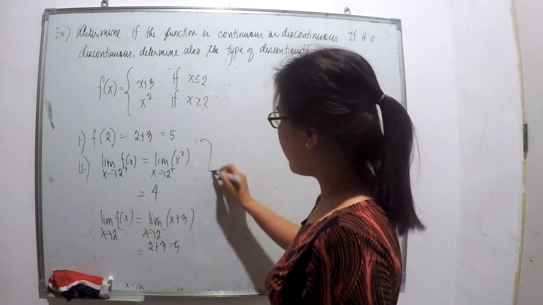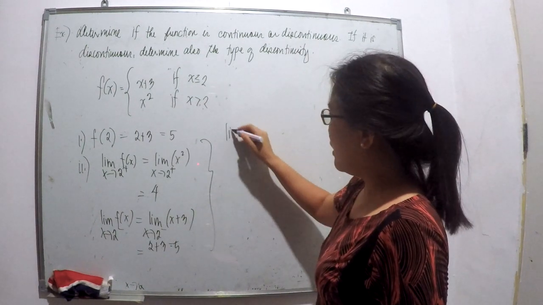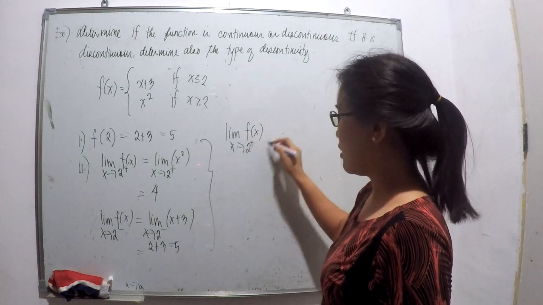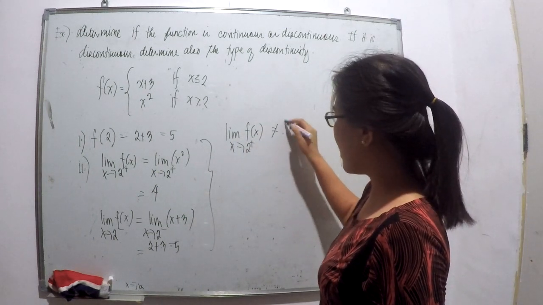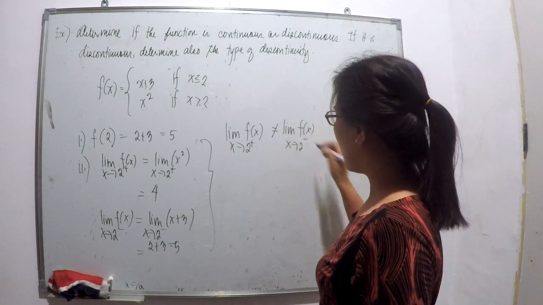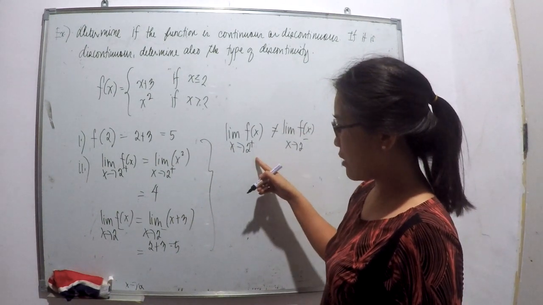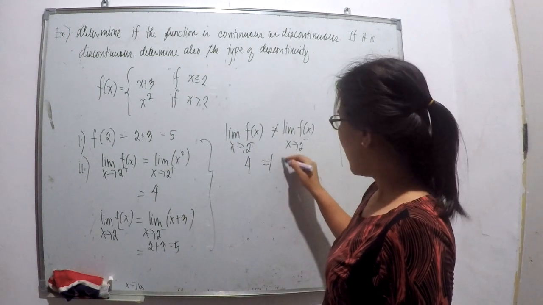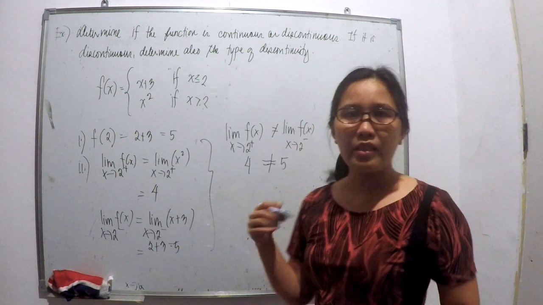Now, take note, the right-hand limit is not equal to the left-hand limit. Why? Because the right-hand limit is equal to 4, not equal to 5.